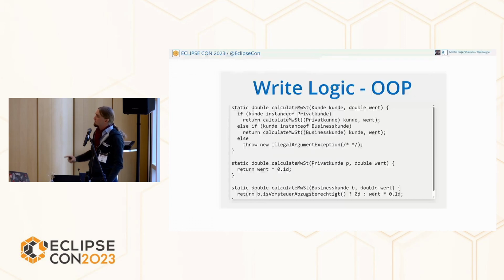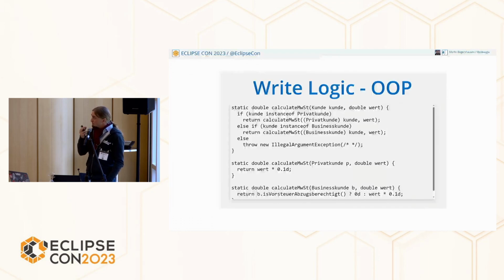Speaking of new types, if we add a new type of Kunde, we have the big problem that we run into this illegal argument exception, because it's not covered. But that's a runtime exception. Hopefully our test covers that, but most times not.